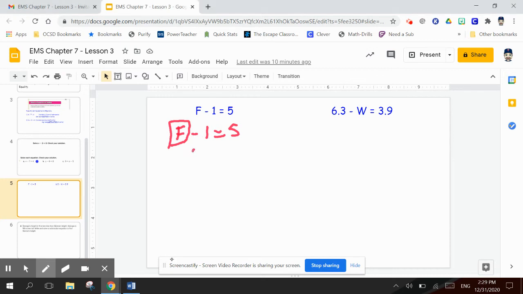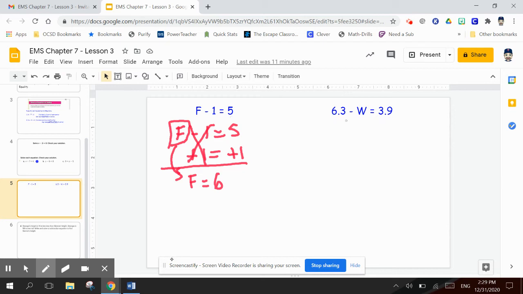Well, there's a subtraction 1, so I'm going to add 1 to both sides of the equation. 1 minus 1 is 0. My variable comes down by itself, and then I add 5 plus 1, which is 6. 6 minus 1, 5. Yes, that works.